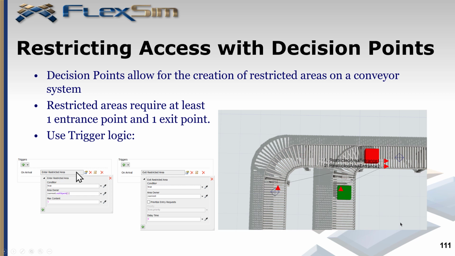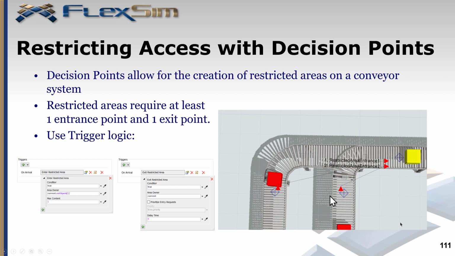If the requested area is not available, the decision point will hold the flow item until the area becomes available. So a very powerful pick list option that manages quite a bit of logic behind the scenes.